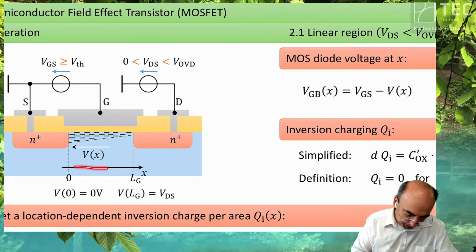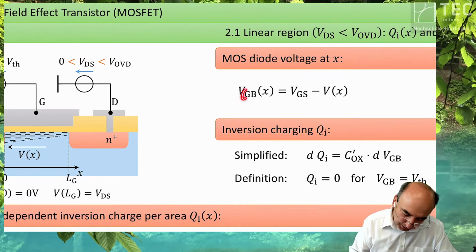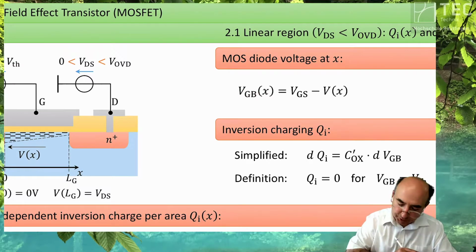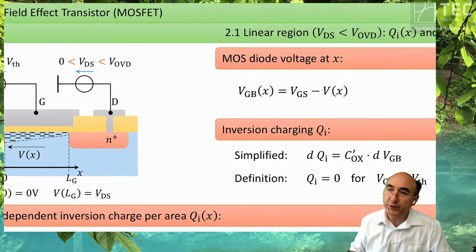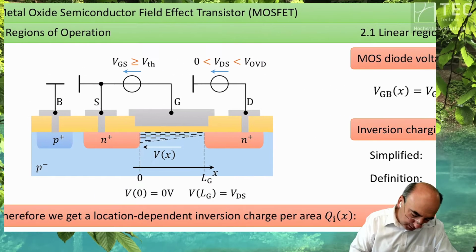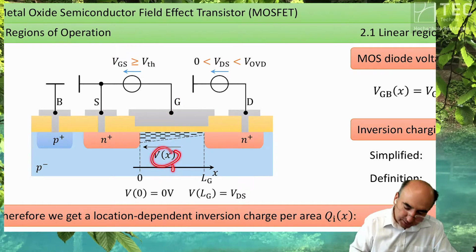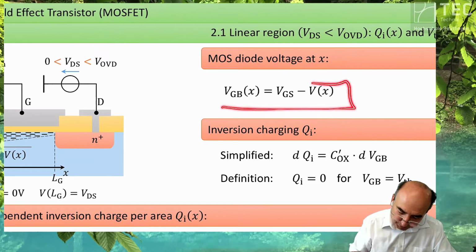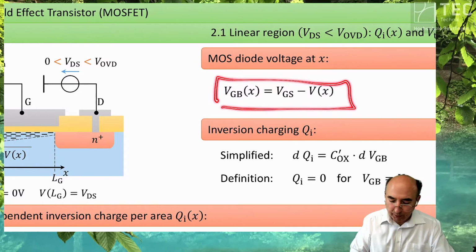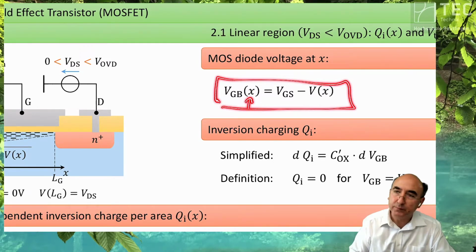The potential changes, and the gate bulk potential is a function of the location. We know all that, but now we have the equation for that. The gate bulk voltage is the difference between the gate source voltage and Vx. This is placed here as an equation, so we have a location dependence.